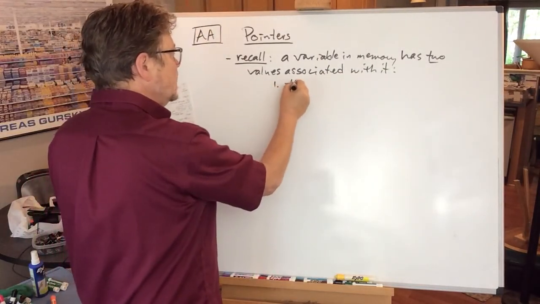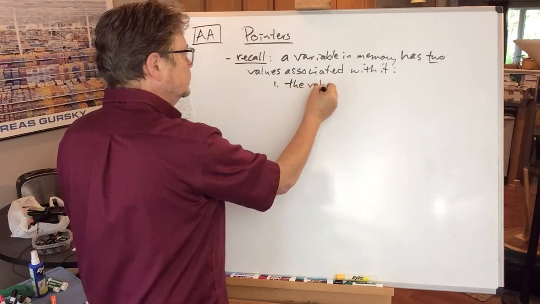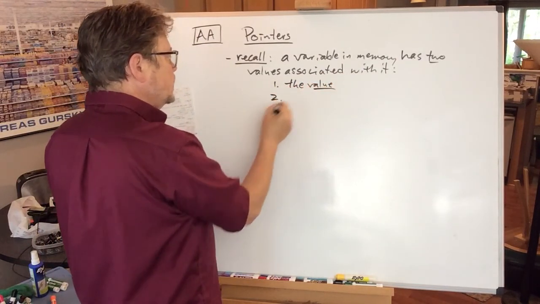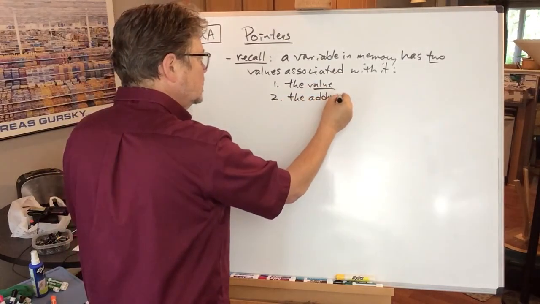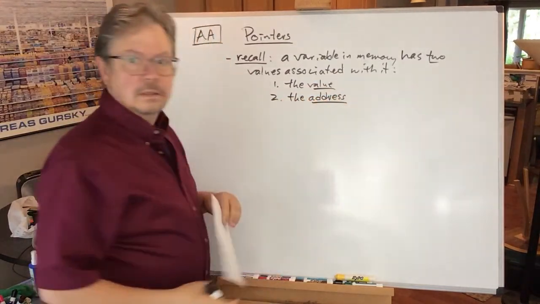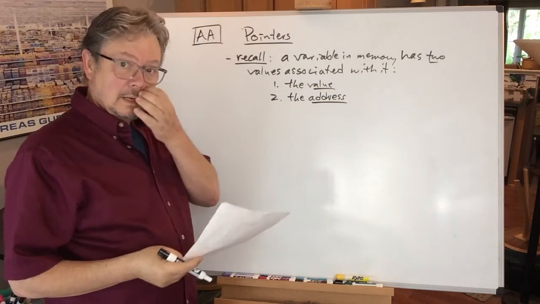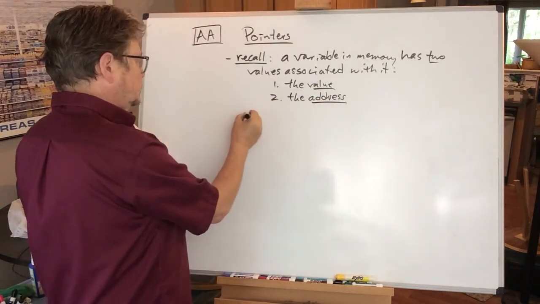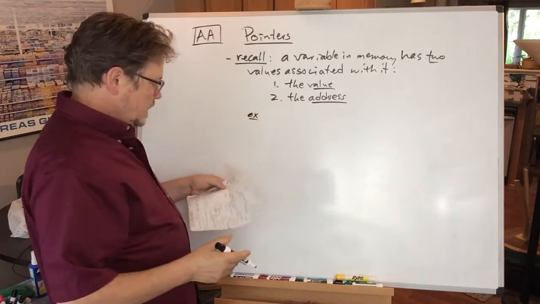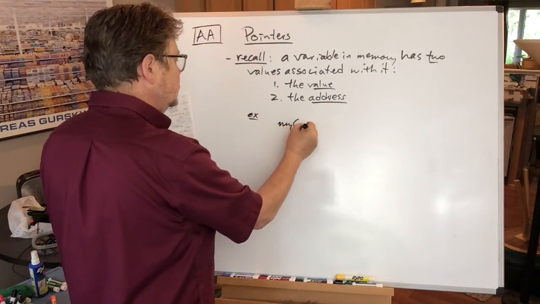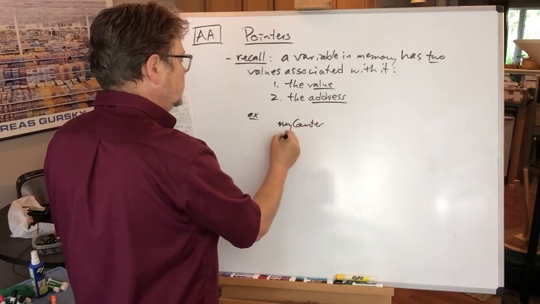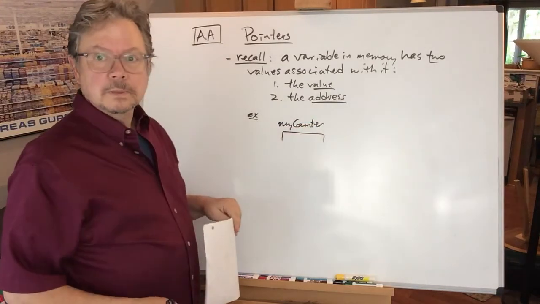One thing is the value itself, and the other thing is the address. And I'm going to do an example to go along with that. My variable is going to be myCounter. Not terribly interesting.